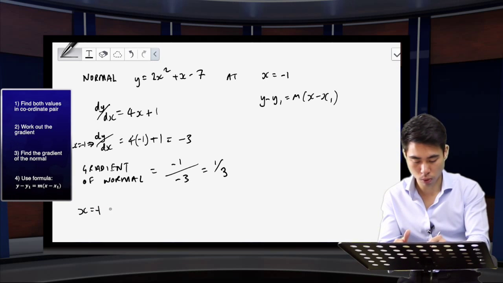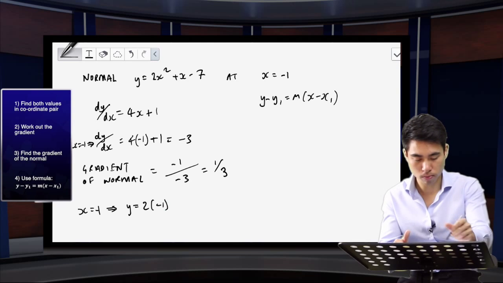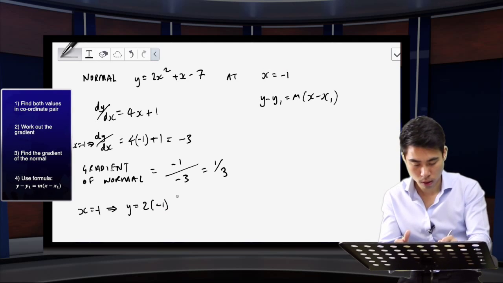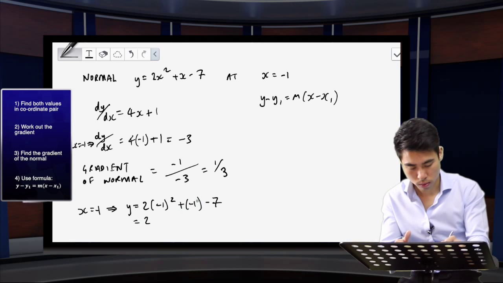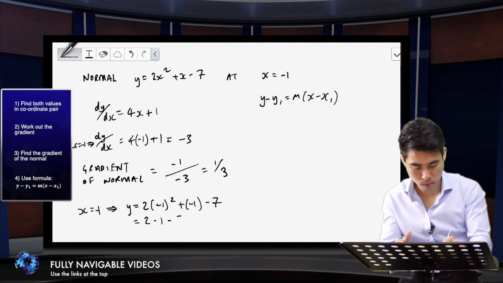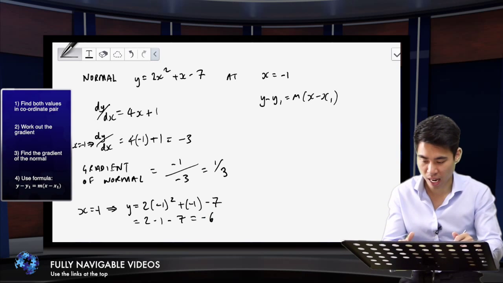X equals -1 implies that y equals 2 lots of -1 squared, just replacing my x in this original equation with -1 there. Okay, working through, 2 lots of 1, -1, -7, which gives me +1 -7, gives me -6 there.